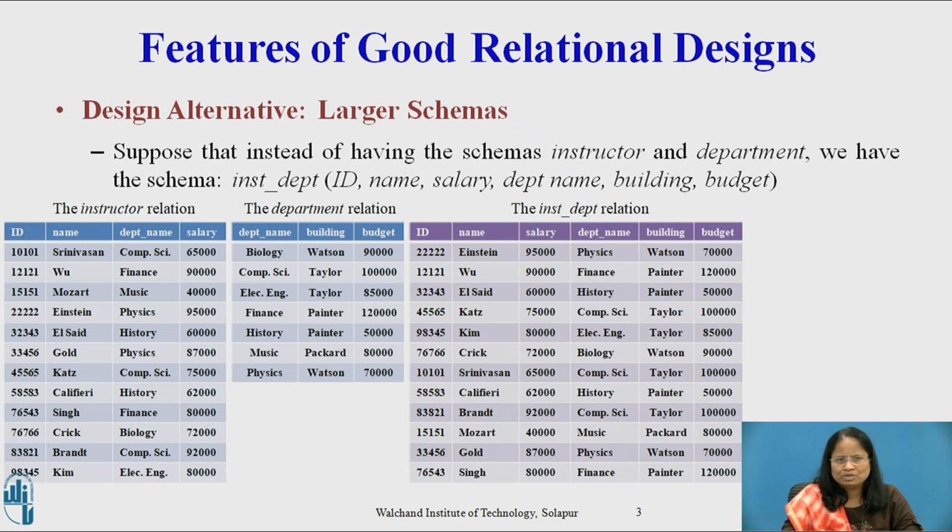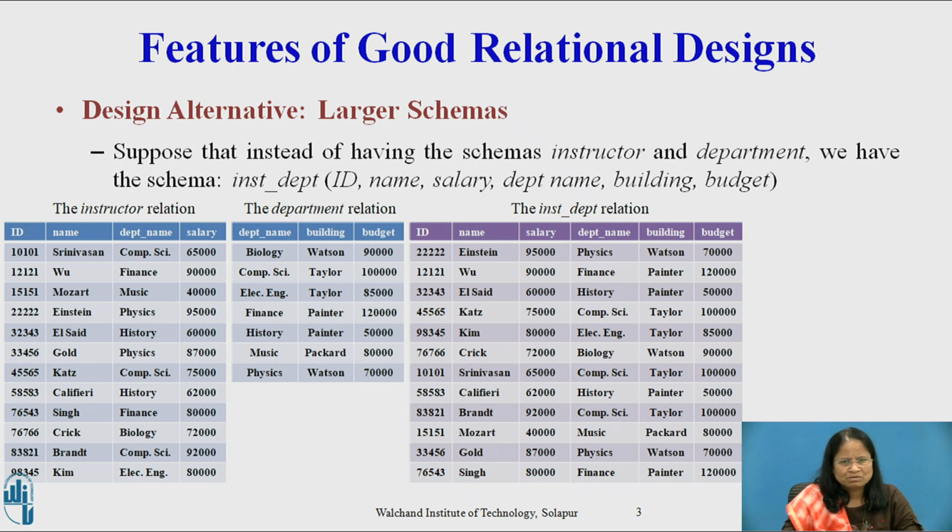We have to repeat the department information such as the building and the budget once for each instructor in the department. For example, the information about the computer science department, that is building Taylor and budget 1 lakh, is included in the tuples of instructors Katz, Srinivasan and Brandt. It is important that all these tuples agree as to the budget amount, since otherwise our database would be inconsistent.